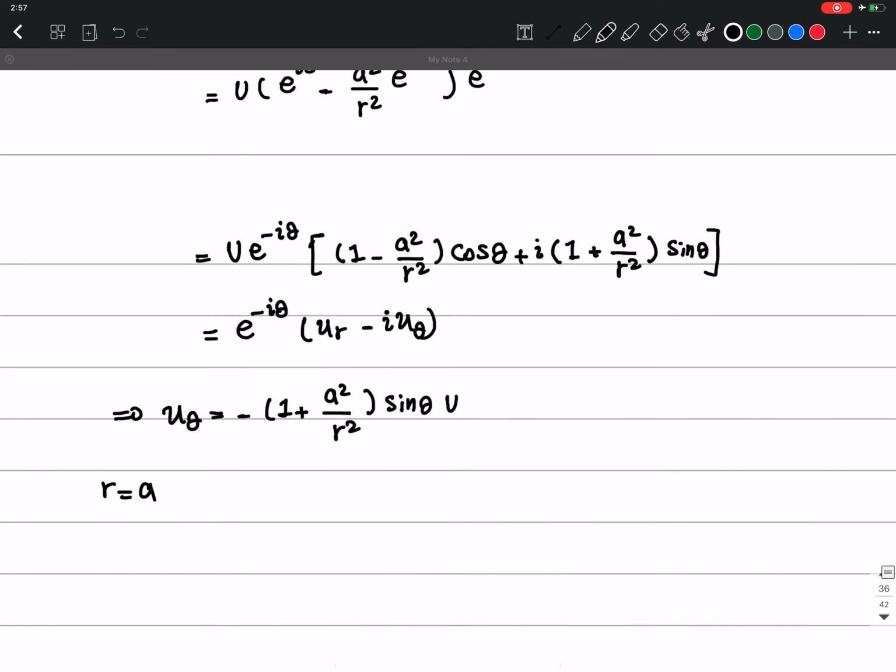The radius is a, and we know that Ur is 0. So when r equals a, this factor is going to be 1, so U theta is going to be minus 2U sine theta.